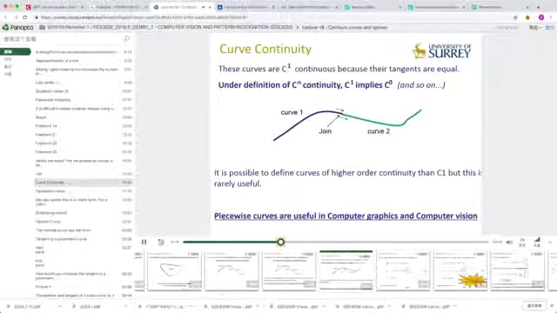So these piecewise curves are a really useful modelling technique in graphics and computer vision, but we still have to manipulate the position, velocity, acceleration, and rate of change of acceleration of each of those curve pieces in order to make sure they join up with, say, C1 continuity. And that's quite hard to do.